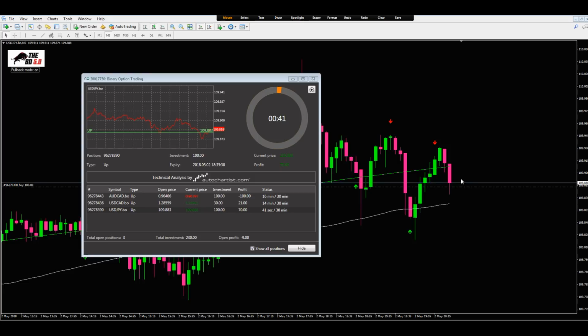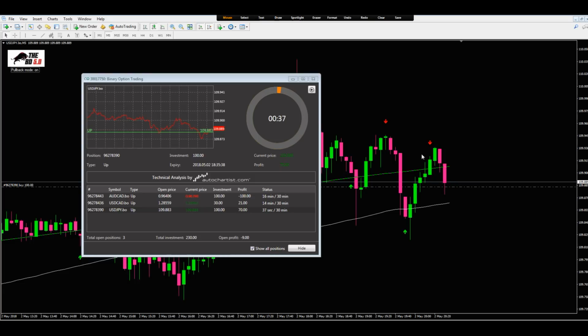So we actually are fighting at the minute. We're in a pullback. Got 34 seconds to go, so hopefully this comes in. I wanted to quickly show you, and we'll just wait for this trade to come in. $18, $17, $16.